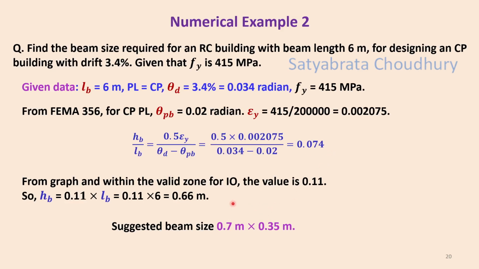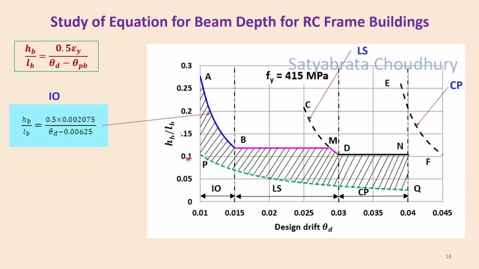As in the previous case, you can go to the graph, or let's go and see. Our drift is 3.4%. Here is 3.5%. So 3.4% is here. You go to the CP level and vertically you come here. It is just above 0.1 HB by LB ratio.